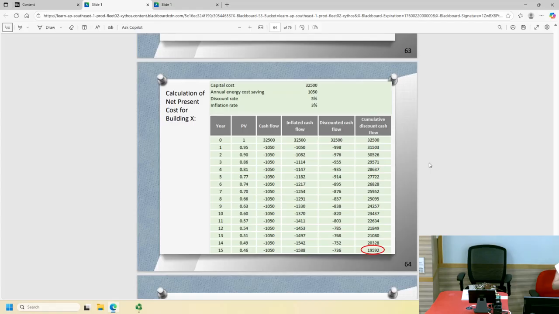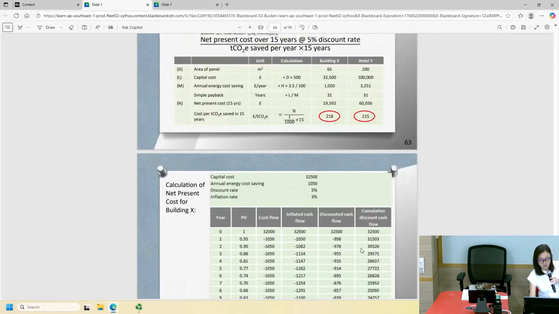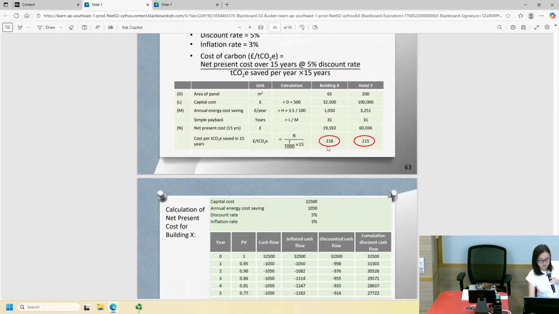And we can use a table like this to calculate the net present cost. Like here, this is the net present cost of the solar PV panel in 15 years. Using this cost, we will be able to calculate the cost for every 1 ton of carbon dioxide equivalent saving. This is the cost for every 1 ton of carbon reduction.